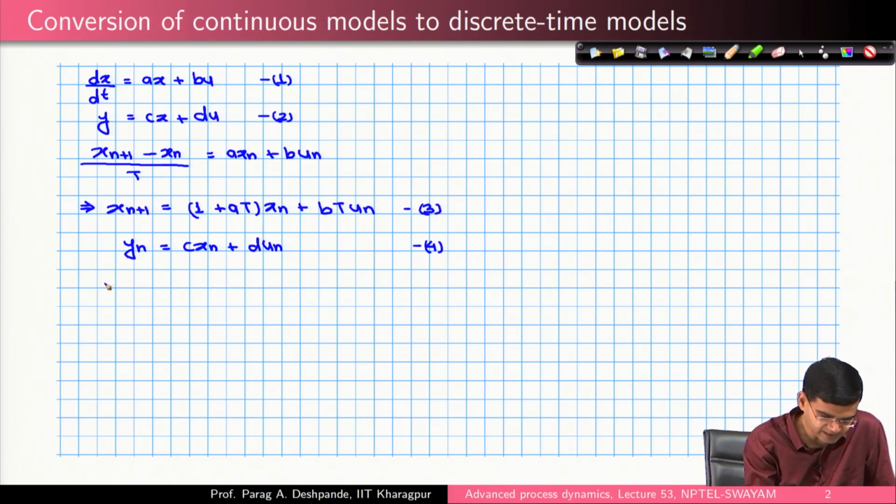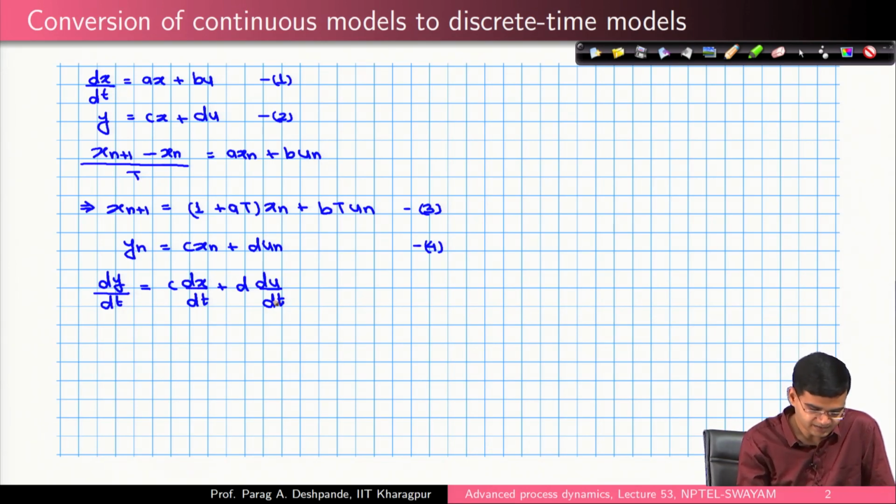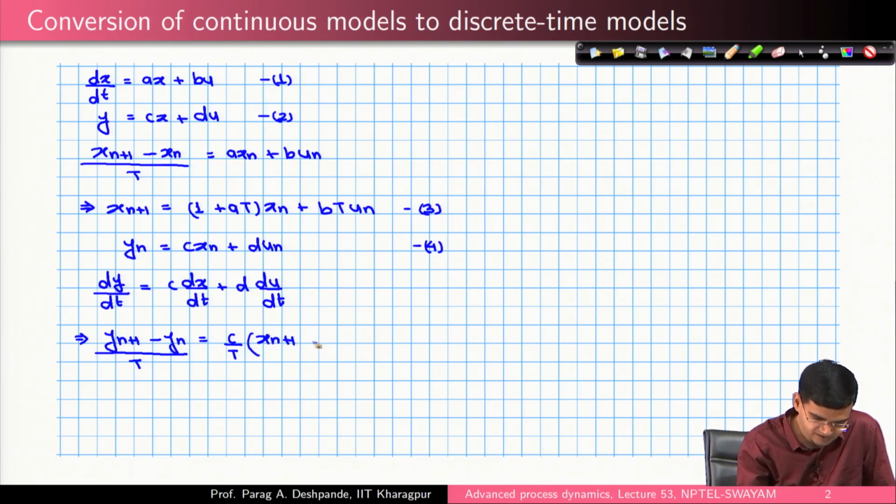From equation number 2, I can write dy by dt is equal to c dx by dt plus d times du by dt, and therefore, this can be written as (y n plus 1 minus y n) upon capital T is equal to c upon capital T (x n plus 1 minus x n) plus d upon capital T (u n plus 1 minus u n).